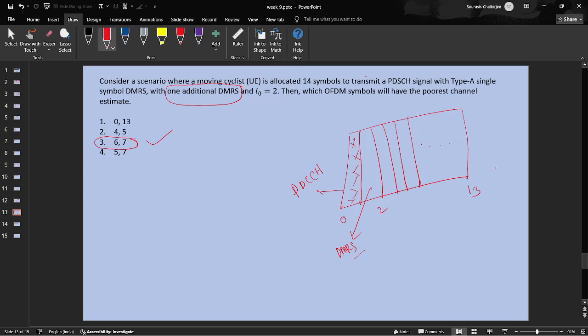Now the question is, I have estimated the channel using the pilot transmitted here. So essentially this is the channel information for this particular symbol. That need not necessarily hold for all the symbols in the slot, especially when the cyclist is moving. Your channel is slowly changing. So the estimate you have corresponds to the second symbol.